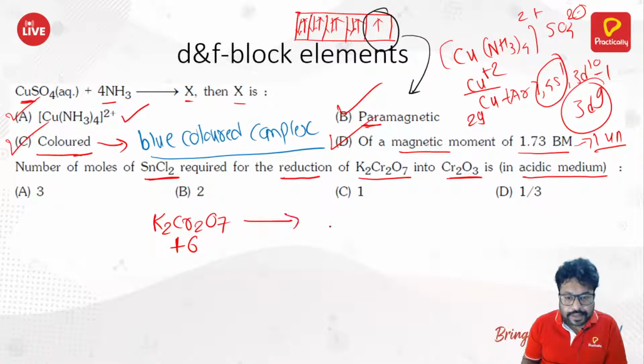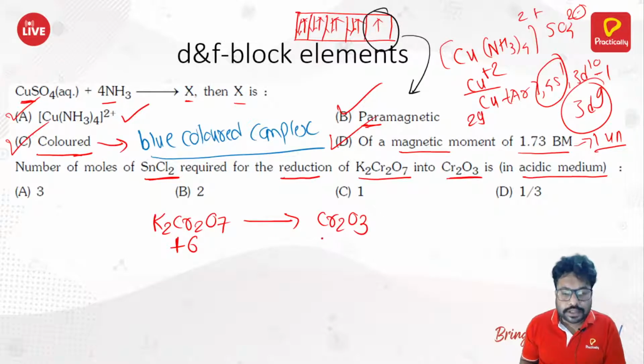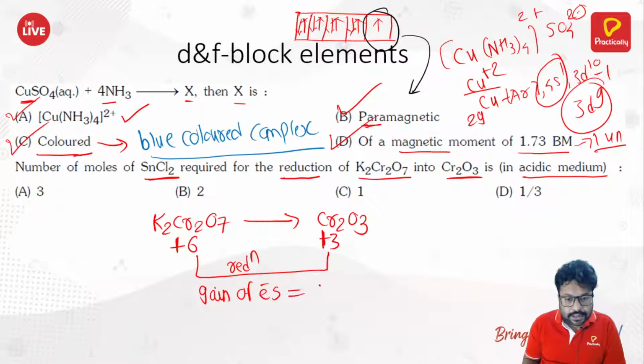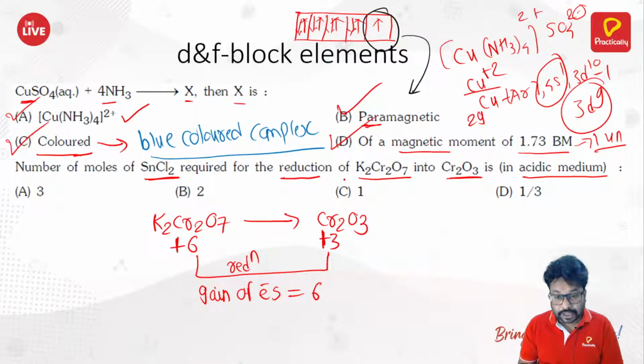It is going to Cr2O3. In Cr2O3, oxidation state of chromium is +3. But there are 2 chromium. Each chromium is going from +6 to +3. This is reduction. But since there are 2 chromium, the gain of electron is 6 electrons.